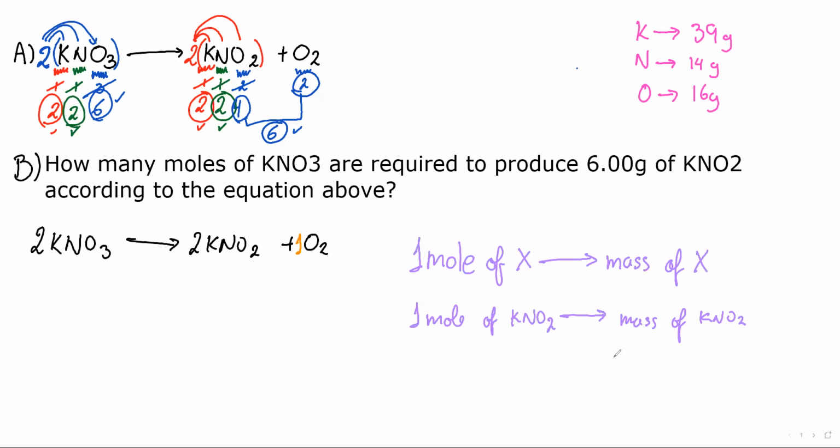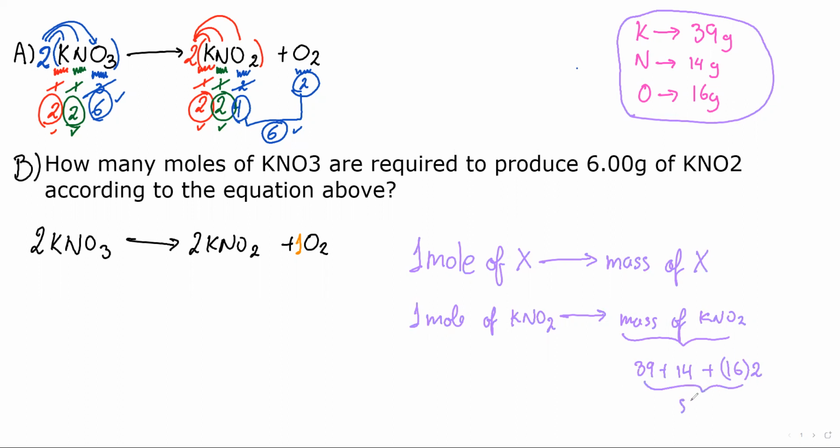Now, how do you calculate the mass of KNO2? Well, you use the periodic table. Mass of KNO2 is equal to, what's K? K is 39. What's N? N is 14. And what's O? O is 16. Because you have two of those, you multiply times 2. So this will give you 85.